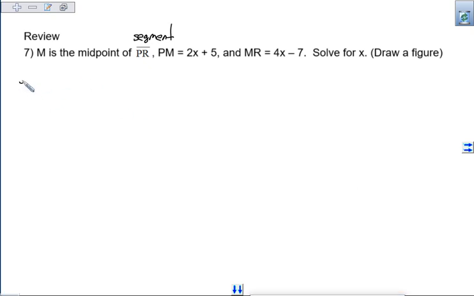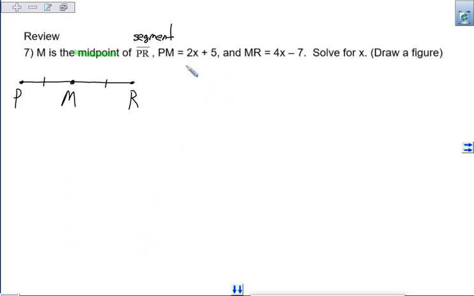And so what are the endpoints of our segment? P and R. And where does M go? Yes, right in the middle, because it says midpoint. And midpoint tells me that these two sides are congruent.